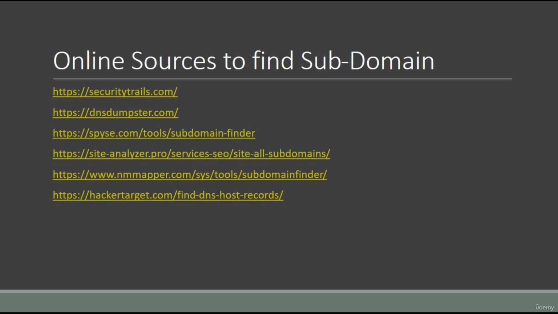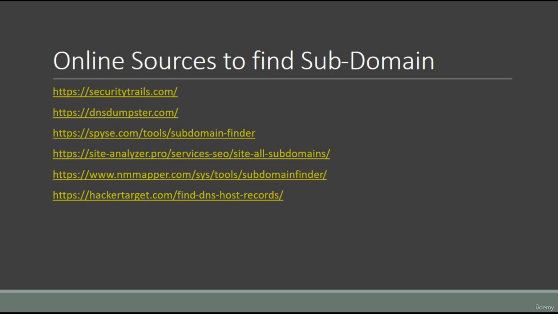Hello friends, so we have talked about the many tools from where we can find the subdomains of any target. Right, but there are also some online sources from where we can find the subdomains, and that is very easy, because if you're using a tool, then definitely you will have a wide range of subdomains.